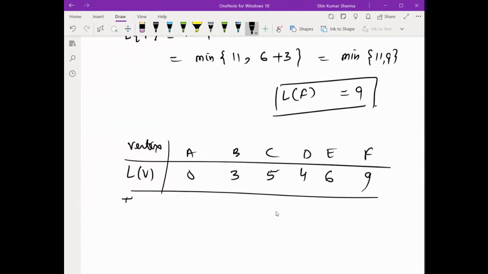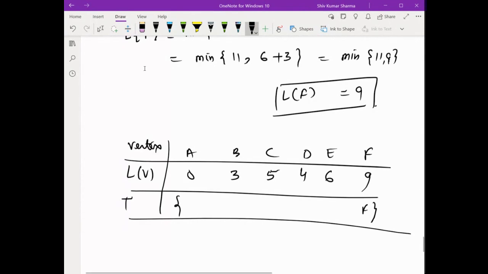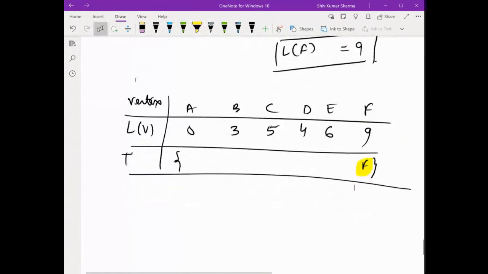And the remaining vertices in T: no vertex remaining in T. That means we simply gave the level to F. F is the final vertex, the last vertex. So there are no iterations remaining.